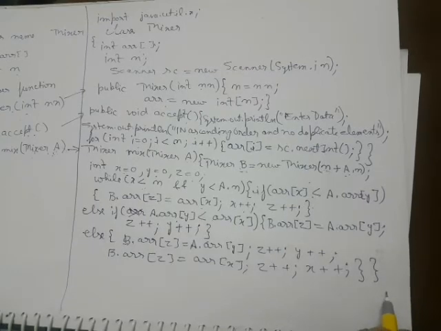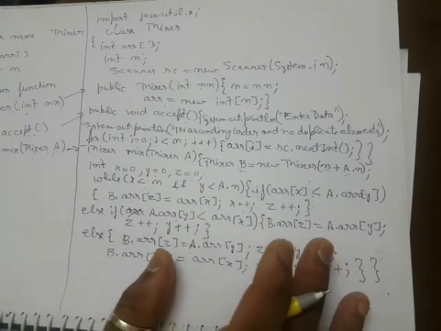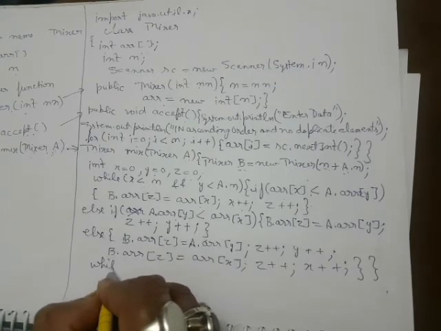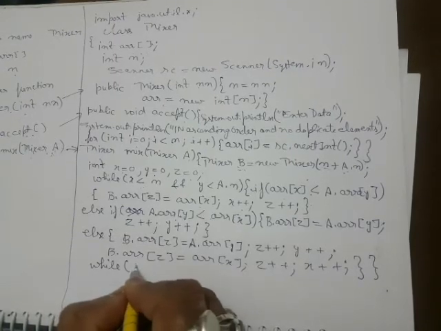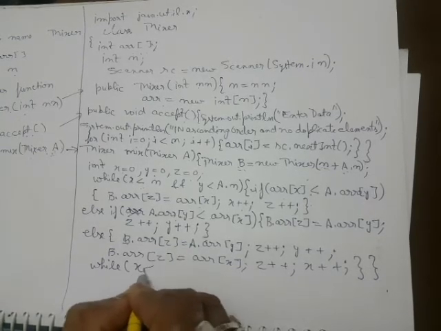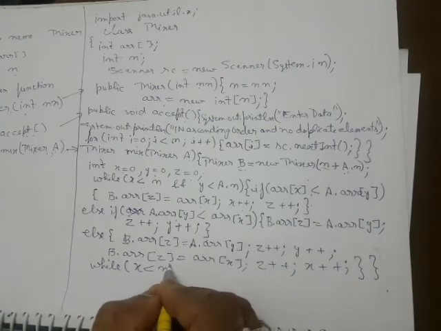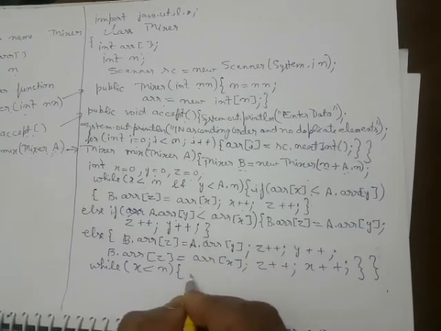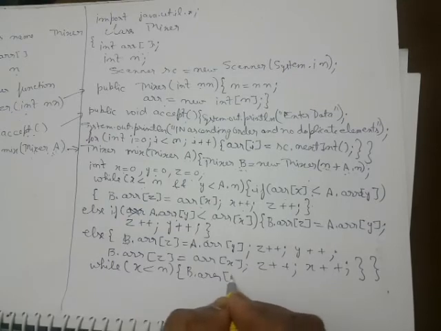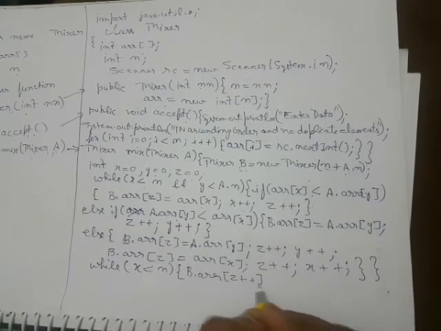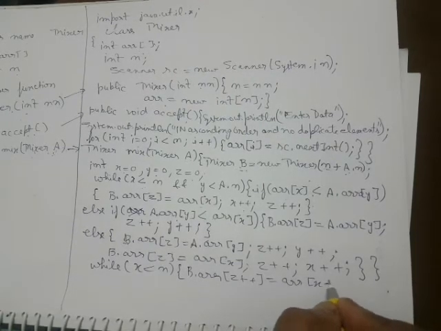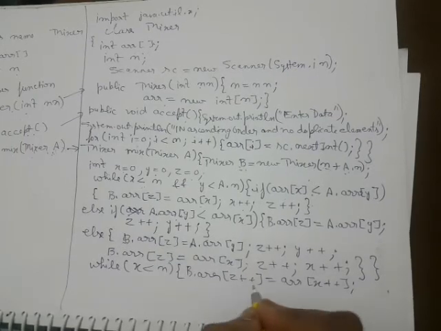While loop is over, and then if any element is left, then we have to have a loop here, while x is less than n, so we have to write now b.arr[z++] equals to arr[x++]. So automatically that will be increased after copying.